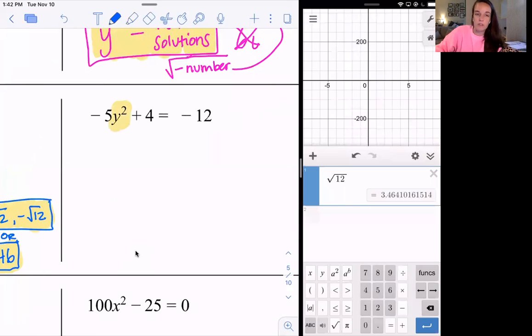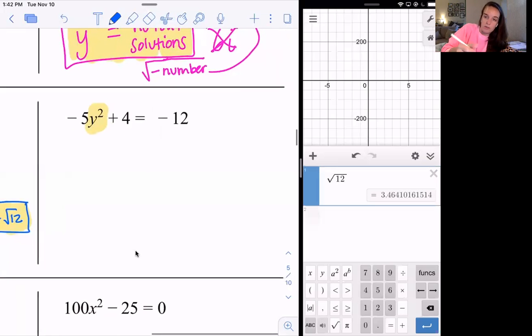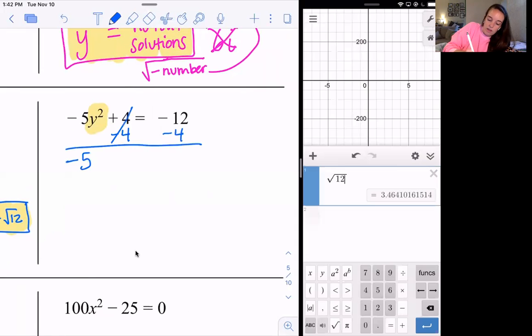What should I do first? -4. Thanks, Wendy and Antoine. Thanks, Emiliano. -4, subtracting 4 on both sides. And then we have -5 y squared equals -16.